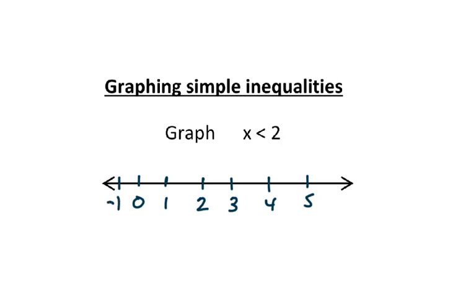We know we're going to have a circle on 2 because that's the number that x is related to based on the inequality. The question is, is this going to be a filled circle or an empty circle? If we had an equal to, it would be filled, but we don't, so this circle is going to stay empty.